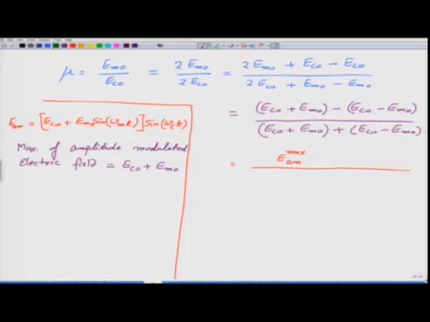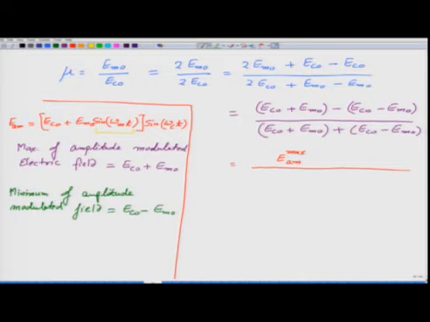And we also know that the minimum of the amplitude modulated electric field is equal to E c naught minus E m naught. So, the maximum happens when sine of omega m t is equal to plus 1, and the amplitude of the amplitude modulated wave becomes minimum when sine of omega m t is equal to minus 1.